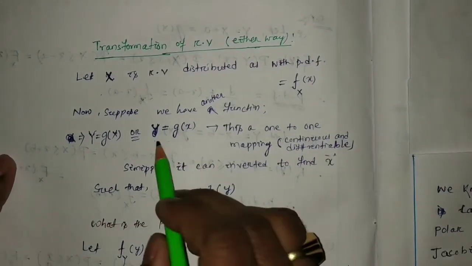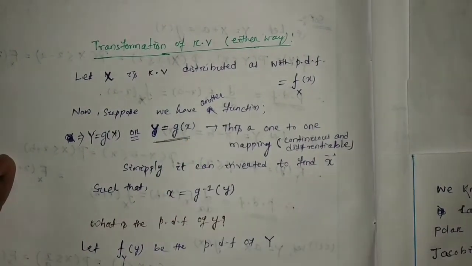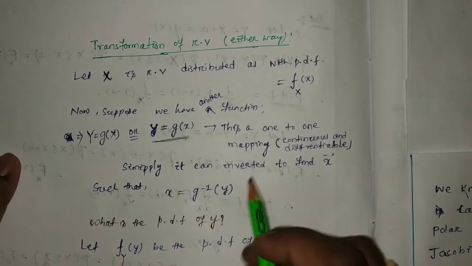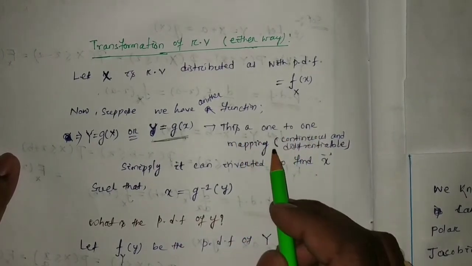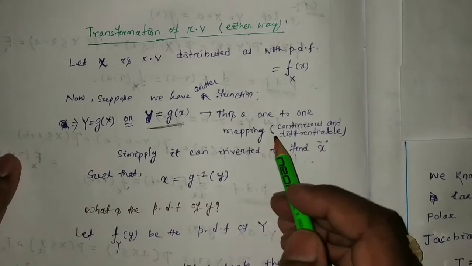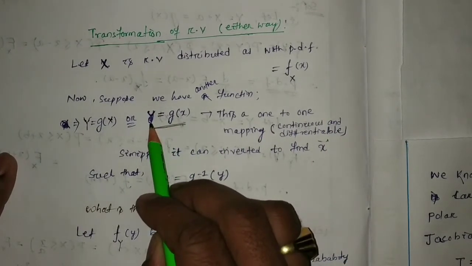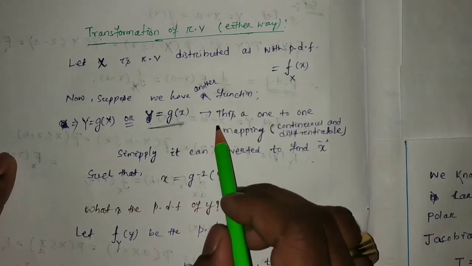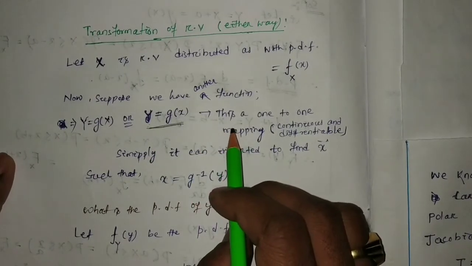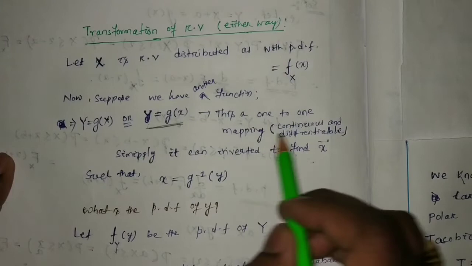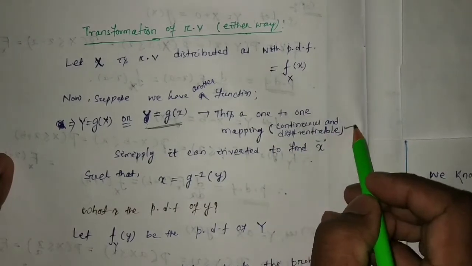So from this it can be perceived that this is a one-to-one mapping. One-to-one mapping means for each value of x we have y, right? That means there is no discontinuity. So one-to-one mapping means g of x is continuous and differentiable.